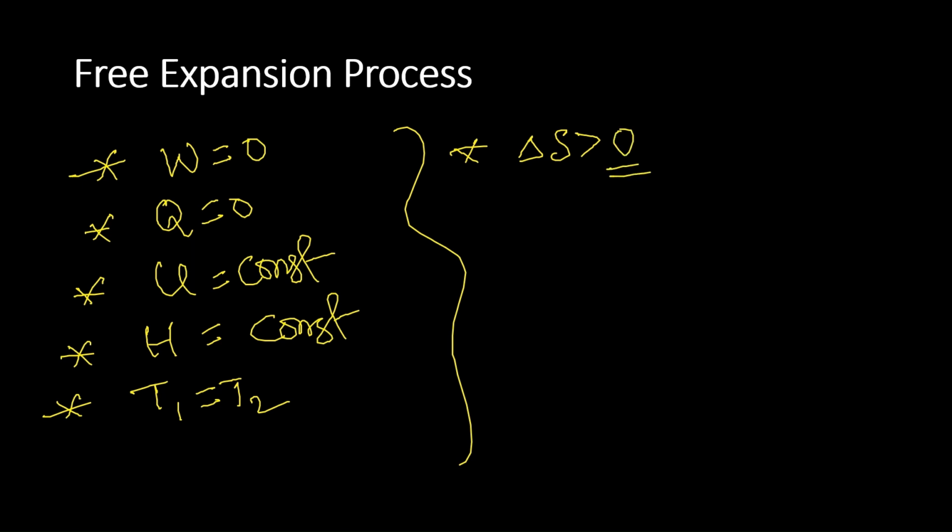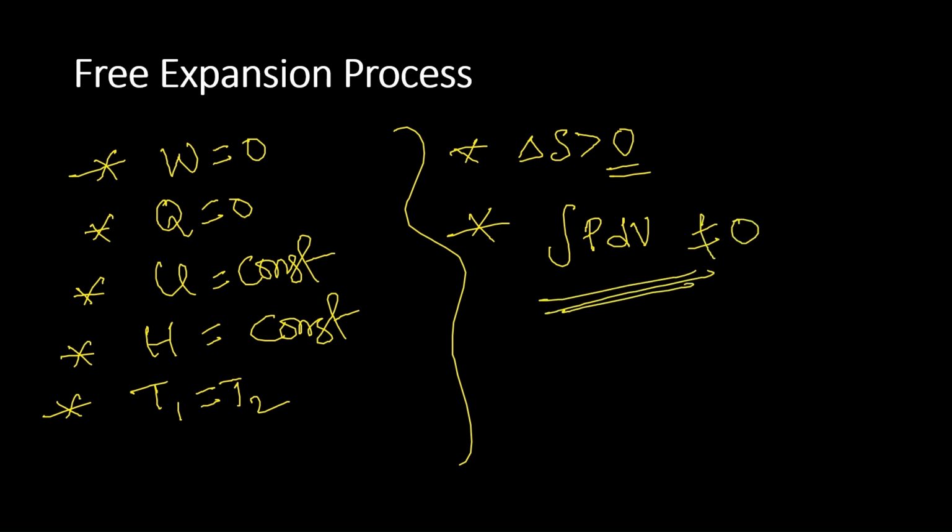And one most important thing is integration of PdV is not equal to 0. Remember this, integration of PdV is not equal to 0 but work done is equal to 0.